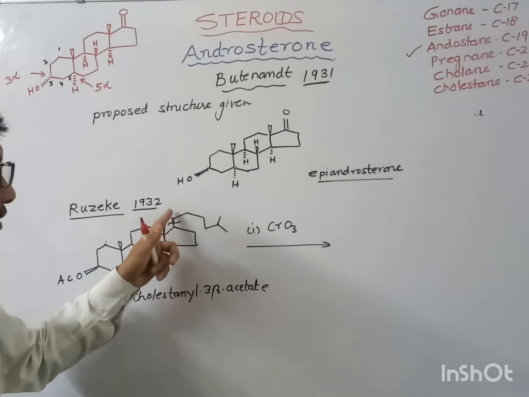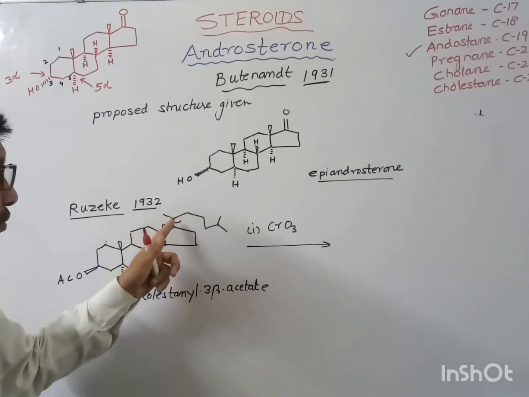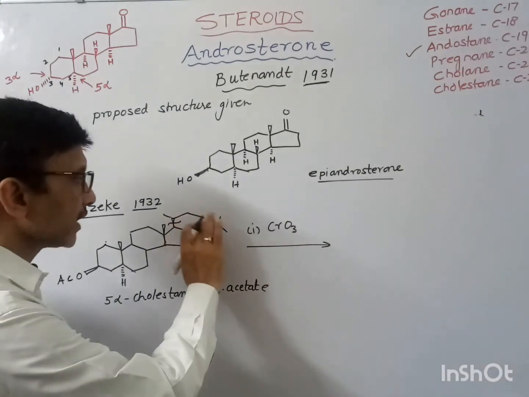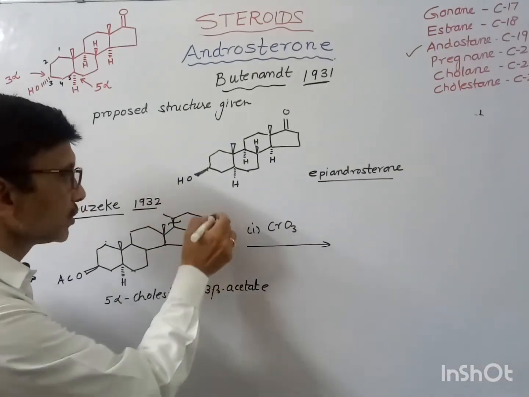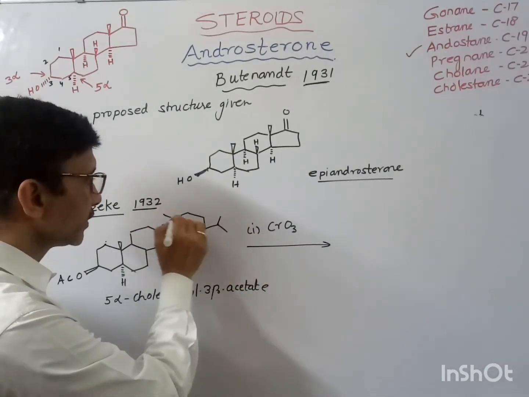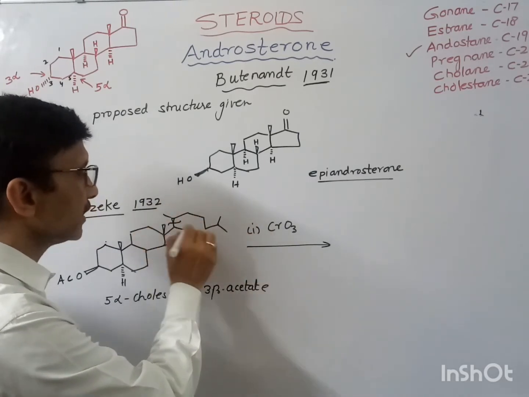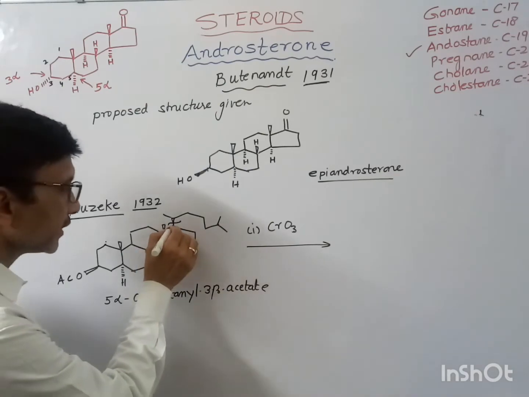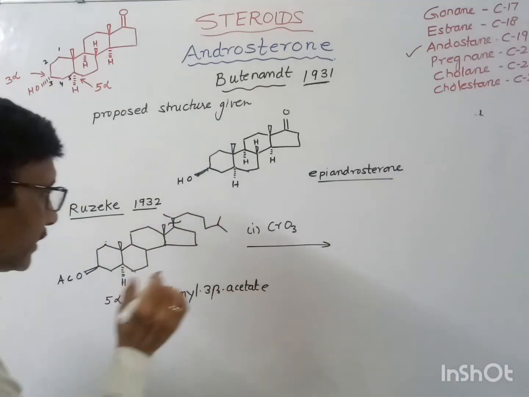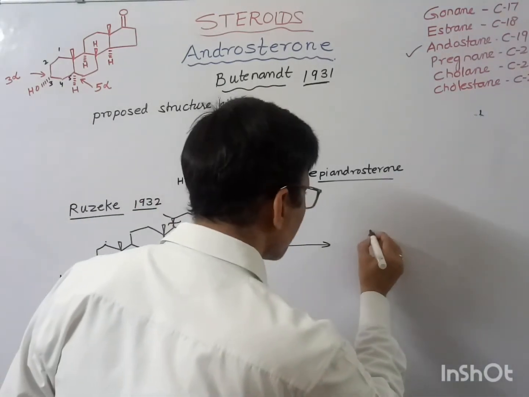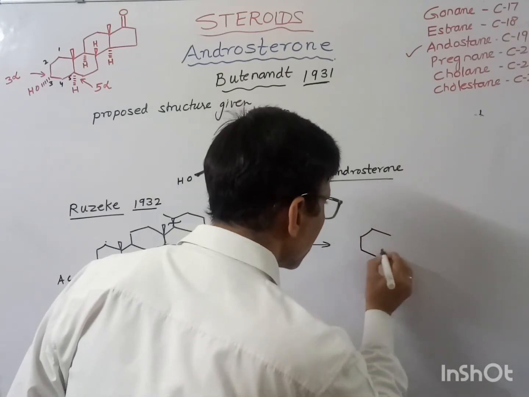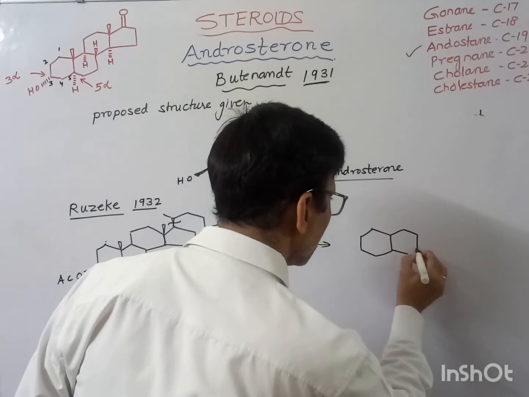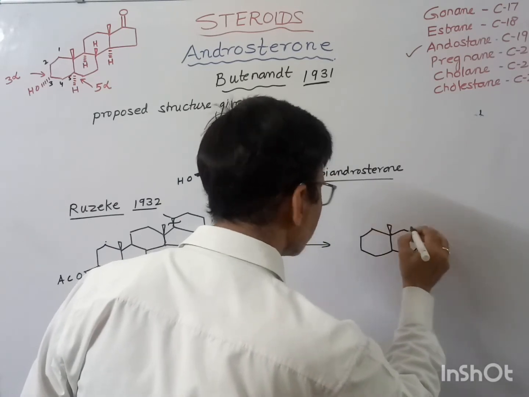In the same way, this carbon will be converted into a keto group to get isohexyl methyl ketone. So this chain will be converted into isohexyl methyl ketone, and here we will get the keto group at the 17th position.